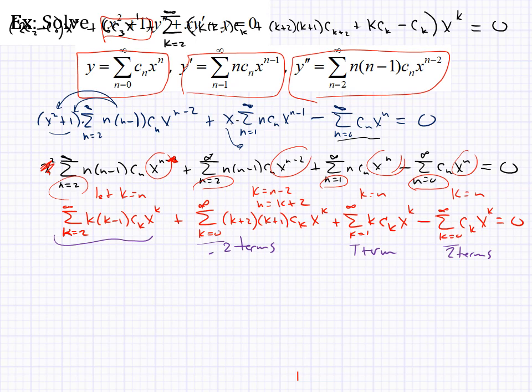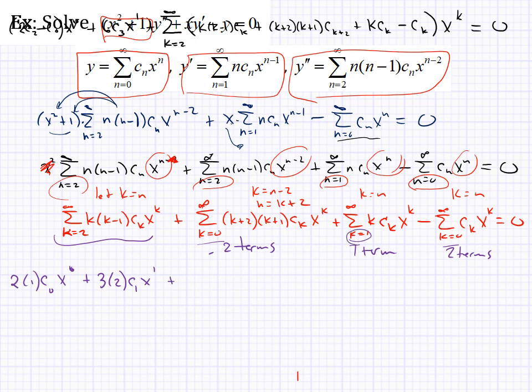All right, so 2 terms out of this first one here. Let's see, what are we going to do? The k equals 0 term, which would be 2 times 1 c sub 0 x to the 0. And then the second term would be the k equals 1 term. So if I plug 1 in, I would get 3 times 2 c sub 1 x to the first. Okay. Then I got to run 1 term out of here, which would be the k equals 1 term.